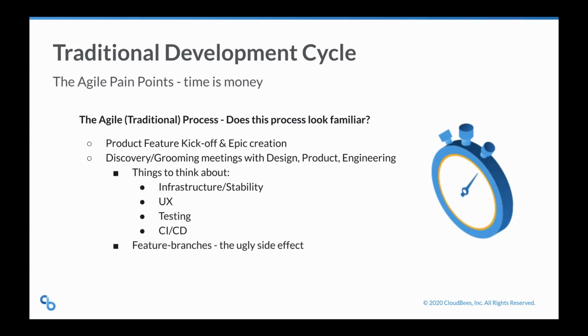And then there's the ugly side effect of feature branches when you really start the implementation side of things. Depending on how big your feature is, what ends up happening a lot of the times is you have these big feature branches that are hard to maintain and can really be a headache for a lot of the engineers and the dev teams.